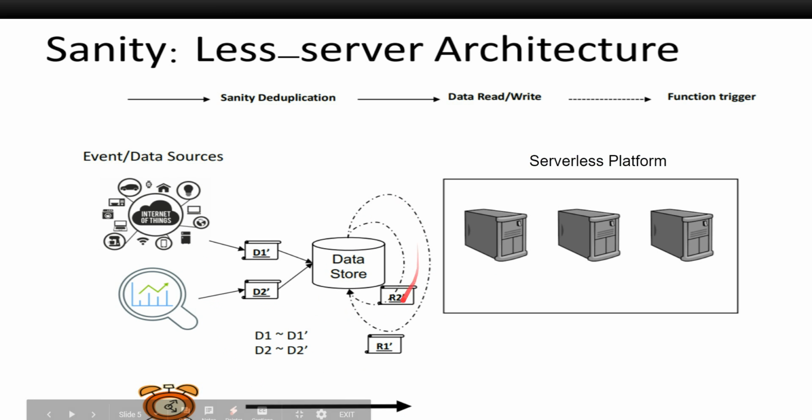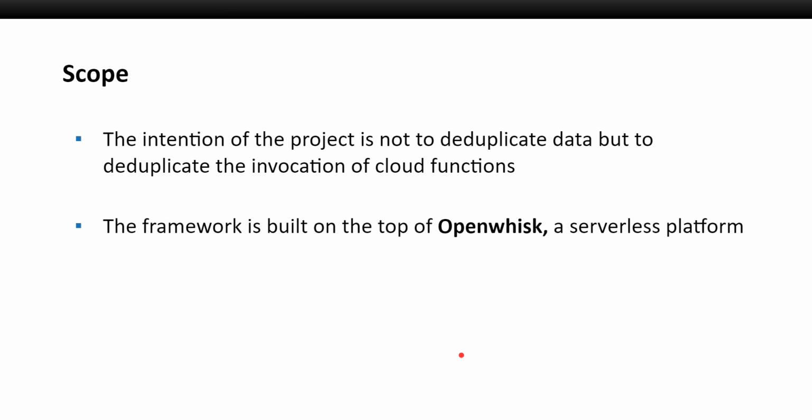We are rather returning the outputs from the data store itself. So the scope for our project is not to deduplicate the data, but to deduplicate the invocation of the functions themselves. This means that the input data, which is duplicate, will still need to be stored into one of our cloud object storage, but we would deduplicate the invocation of the cloud functions.